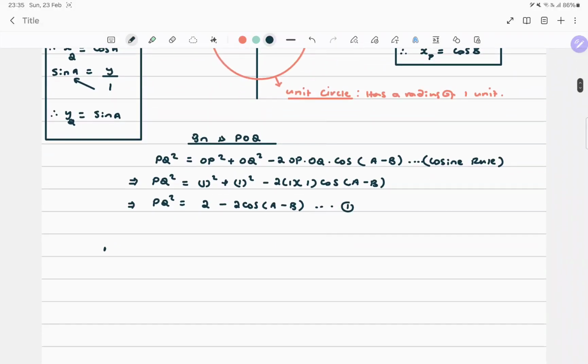We know also that in the same triangle, PQ squared, using the distance formula, is going to be the x at Q minus x at P all squared plus y at Q minus y at P all squared.